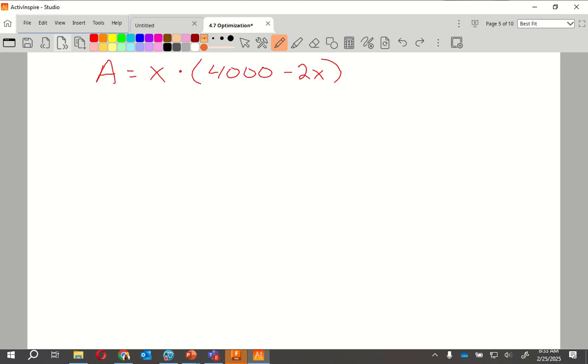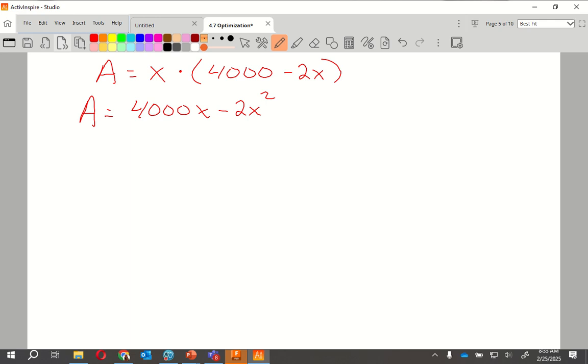There we go. So now I only have one variable here, so now I'm going to distribute to make my math a little bit easier. A equals 4,000x minus 2x squared.